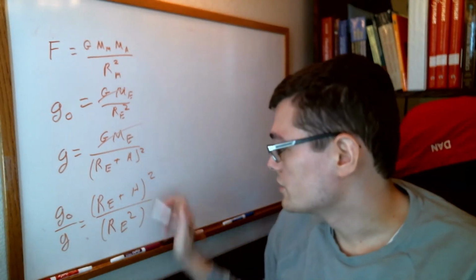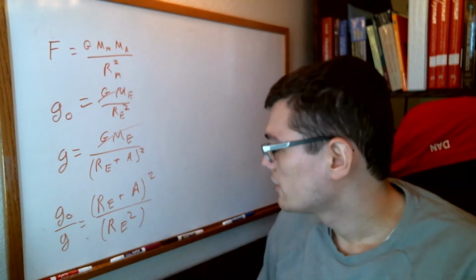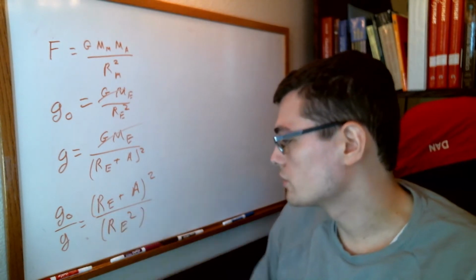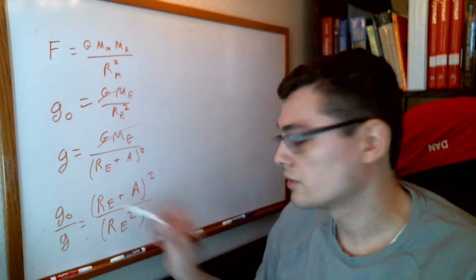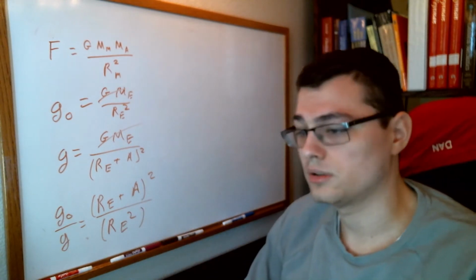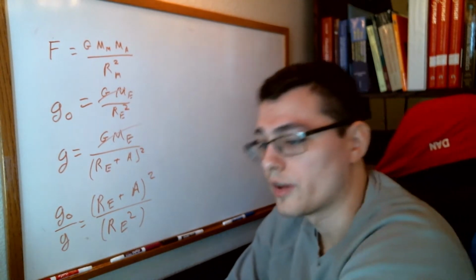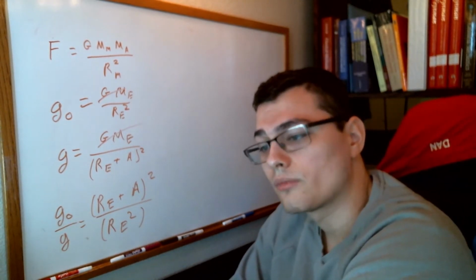And you go ahead and solve for h. All you have to do here is take R_E squared to the other side, take the square root, and then add R_E. And then you can go ahead and simplify that or plug it in there.